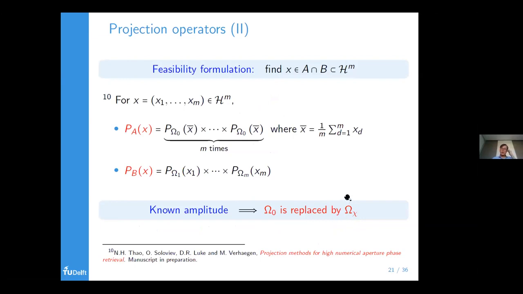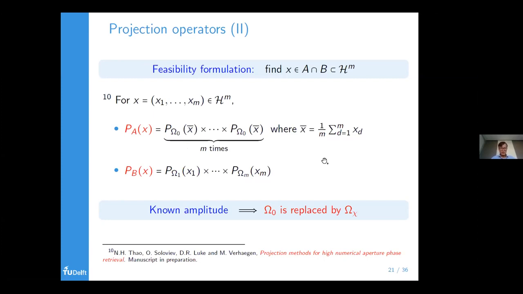And from the projectors onto omega 0, omega d and omega g, we can compute the projectors onto the sets A and B defined in the previous slide. Here is just a product of projections onto omega 0, and here is just a product of the intensity constraint projections.